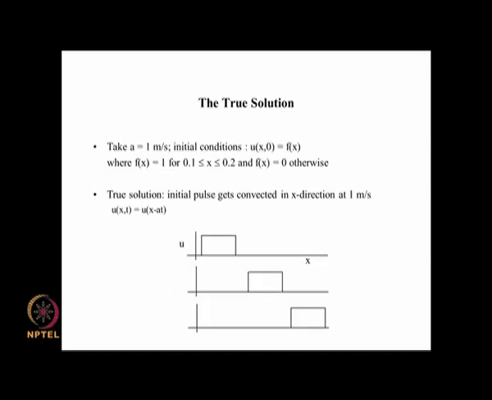What we were expecting was that for a given initial condition, where f(x) equals 1 over an interval from x equal to 0.1 to 0.2 and 0 everywhere else, this rectangular pulse would be carried forward in the x direction as time progresses at a speed of 1 meter per second.